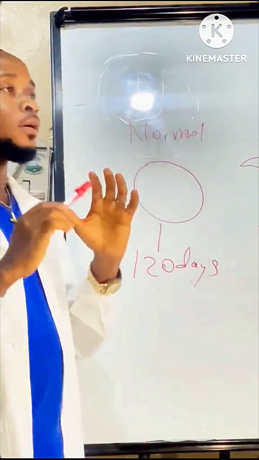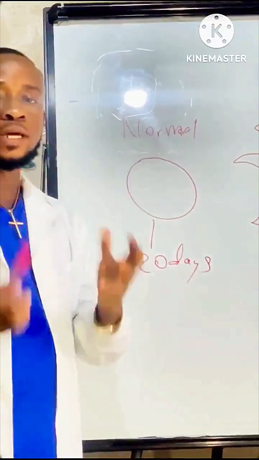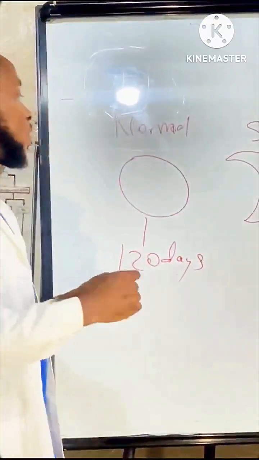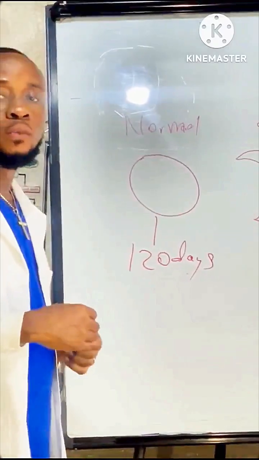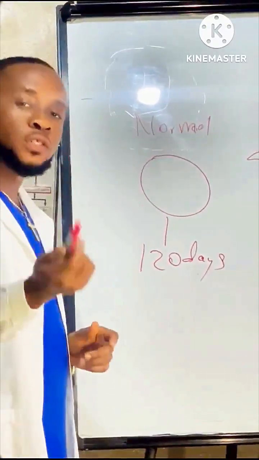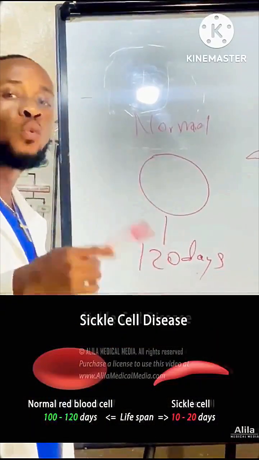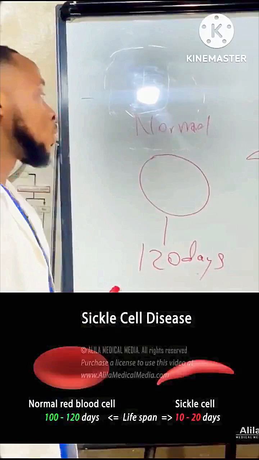The blood cells take 120 days to die and be replaced. So the cells do not just live in you forever. We have cell death and cell repair. Every red blood cell, after 120 days, dies and a new one is produced.